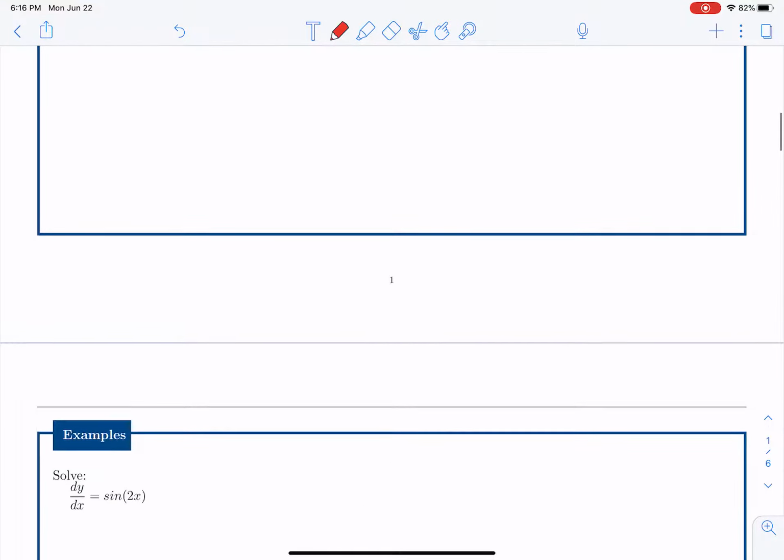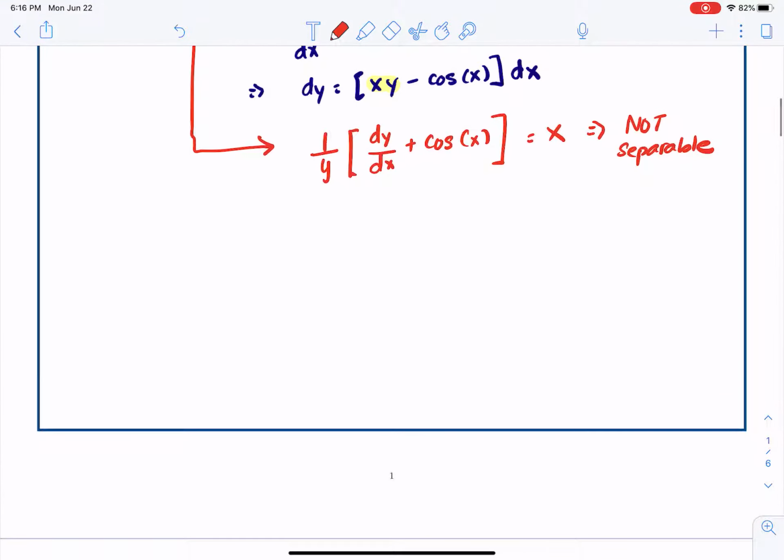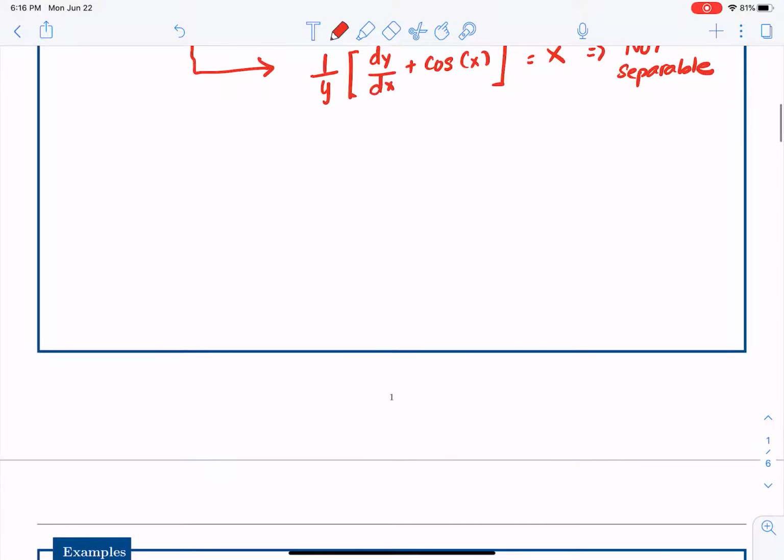So if a first order derivative is separable, then there are a few steps that we can take to solve this separable equation. So what are the steps or the method of solution?